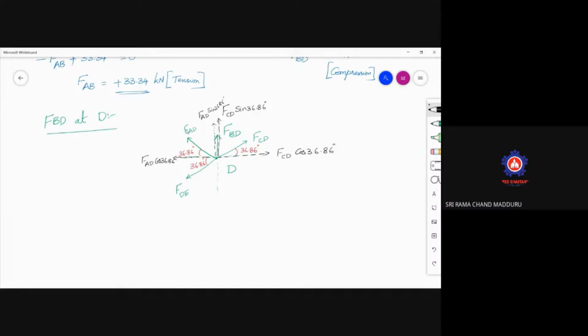Coming to FDE, this is in this direction. FDE sine 36.86, this is FDE cos 36.86.